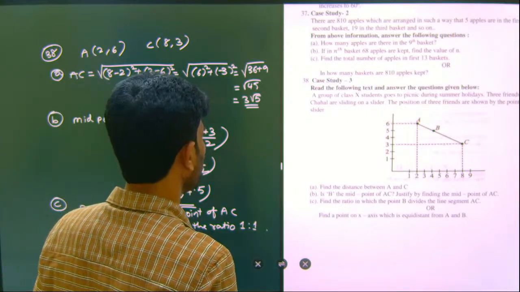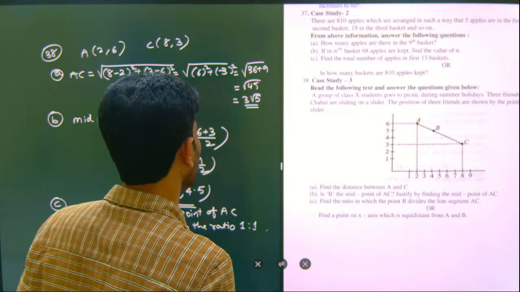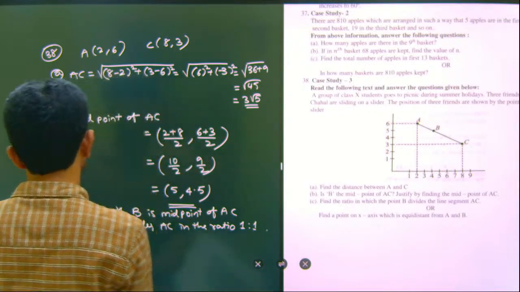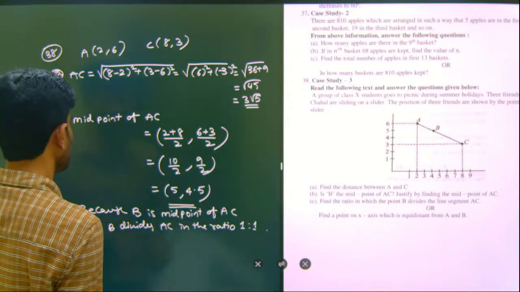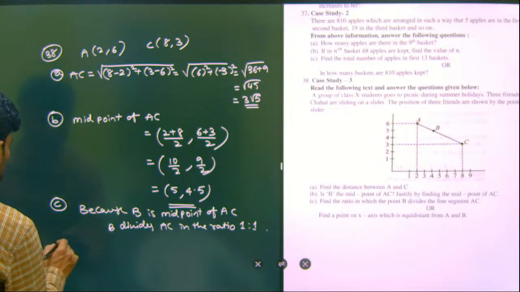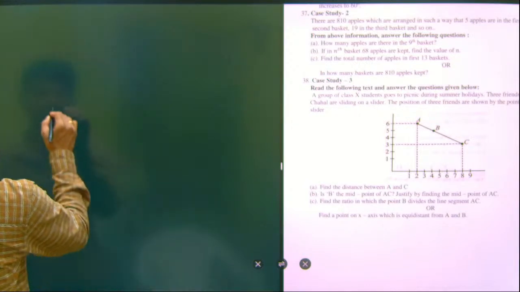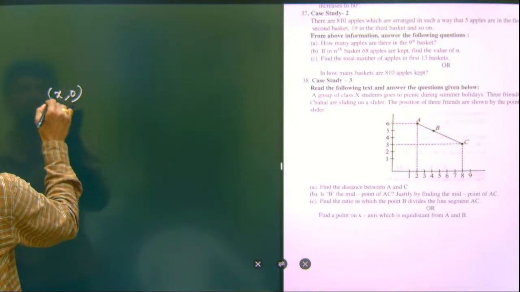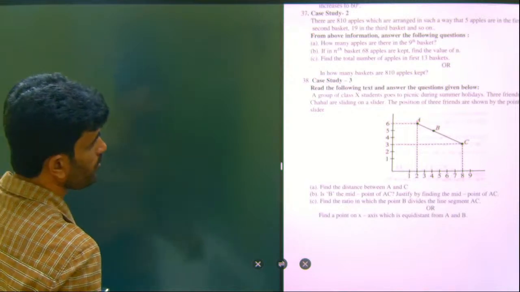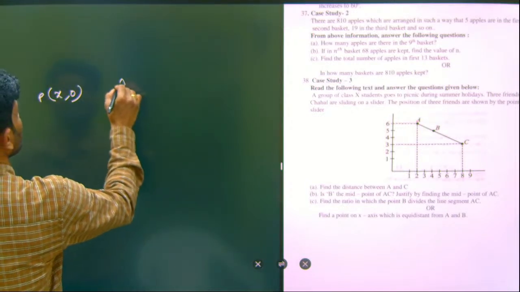Find a point on the x axis which is equidistant from A and B. Because it is on the x axis, we will take that point as x comma 0, P is x comma 0.